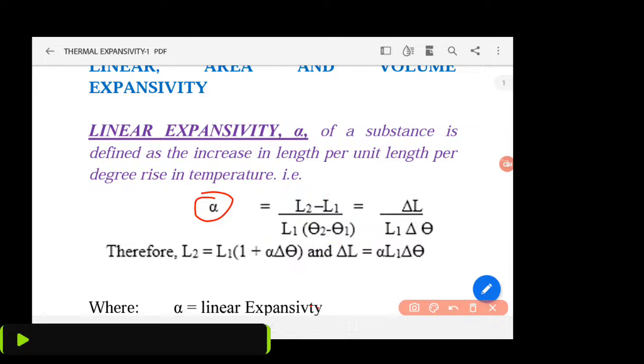Okay, from the formula you are seeing here, any of the parameters may be asked for in a question. That's why we try to make some of them the subject of the formula. Like you can see here, if we are asked to find the new length after heat has been applied on a body, we make use of this formula to find our new length. And if we are asked to find the expansion, which is change in length, we make use of this formula. So we have all those formulas to solve the problems tonight.